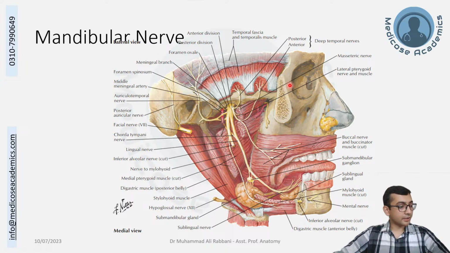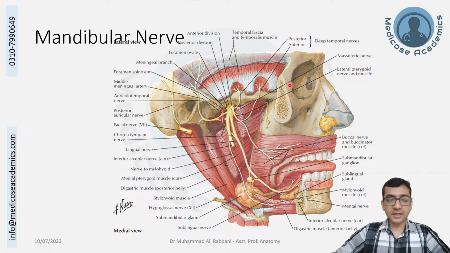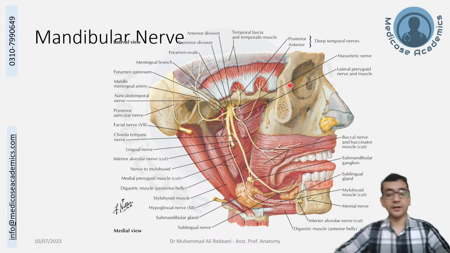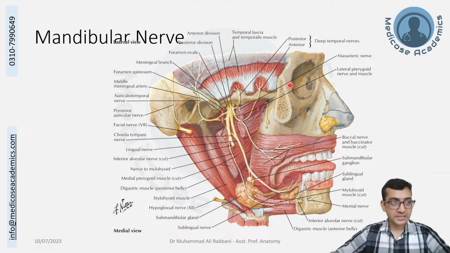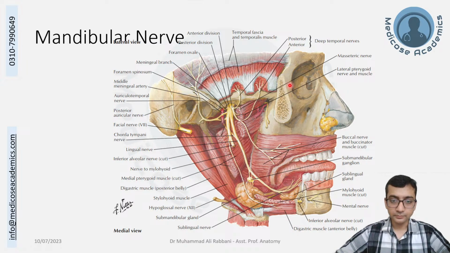Then we are going to discuss the mandibular nerve. Don't worry, I will discuss the mandibular nerve again with the trigeminal nerve, and I will trace all of its divisions with its branches. But let's discuss it here also. My focus will be to identify the nerves and to see where they go.